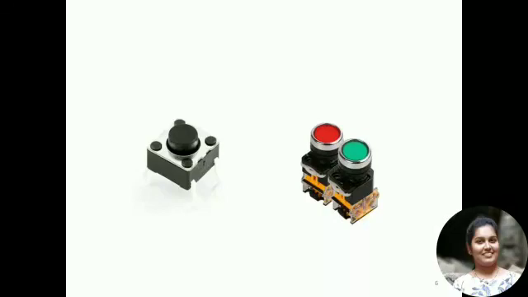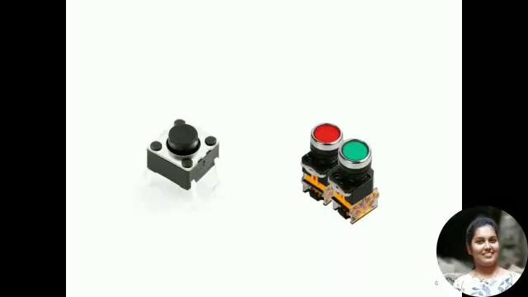So this push button switch, externally we see some colored button, and internally there will be some spring action taking place. When we push this button, it makes contact with the two electrical wires that are connected to the power supply. There will be a power supply connected to this switch and a load.